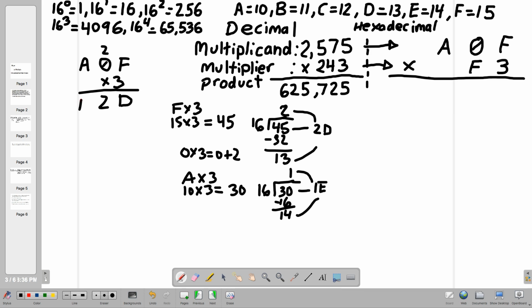And so that's what we have here. All right, so we can move that over here because that's going to be a part of the computation. So we have D2E1.